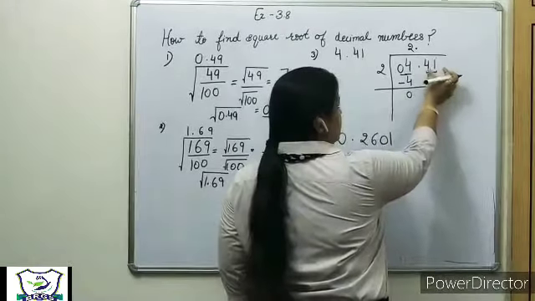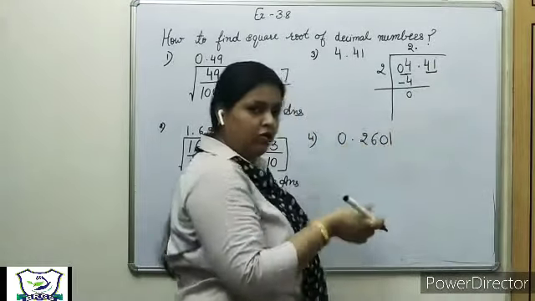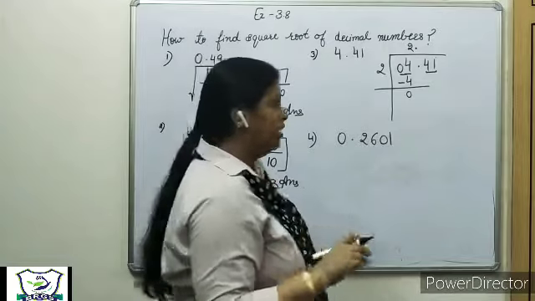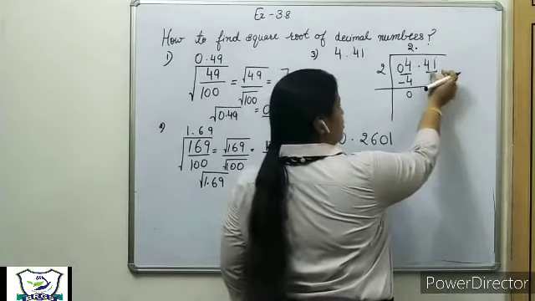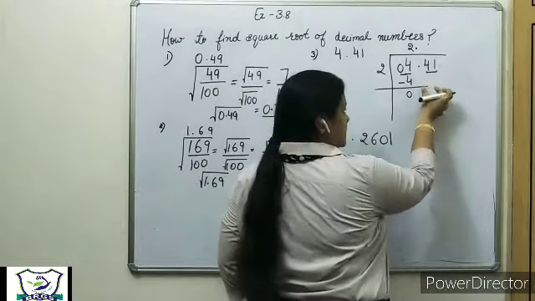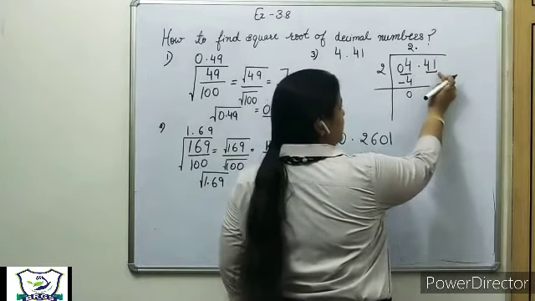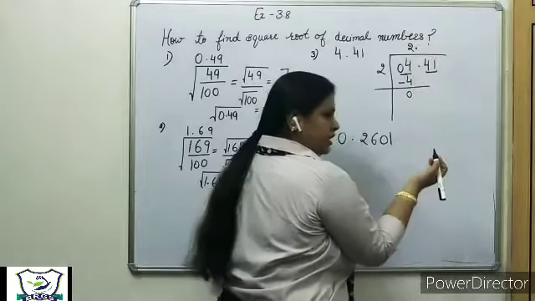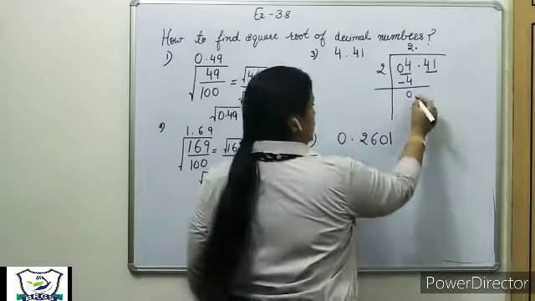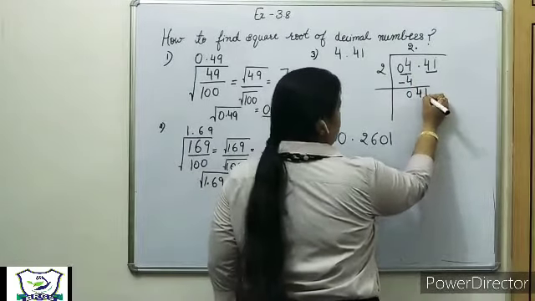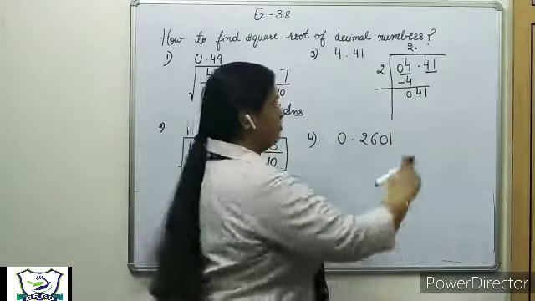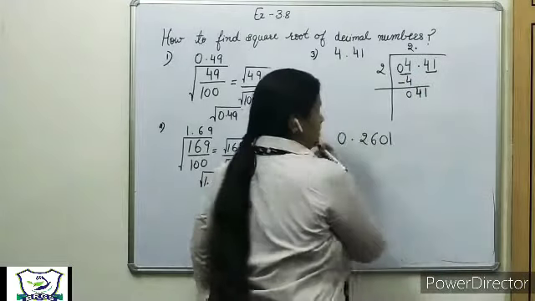After the decimal, we have to bring 41 down as we do in division, because for calculating square root we bring pairs down. Since 41 is after the decimal, we put a decimal in the quotient.